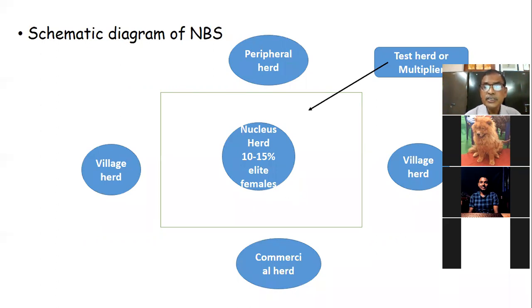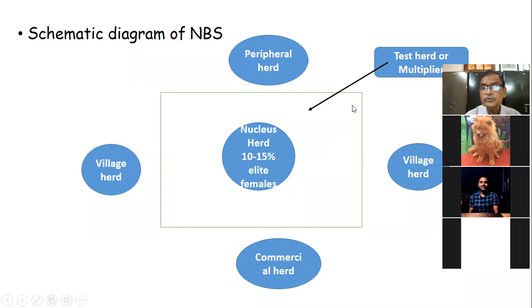And what is the open nucleus breeding system? Under the open nucleus breeding system, the nucleus is open. Why is it called open? Because the flow of genes takes place bidirectionally. Initially, the superior sires are used for multiplication in the test herd or multiplier herd.